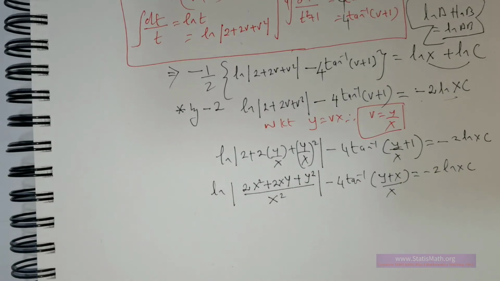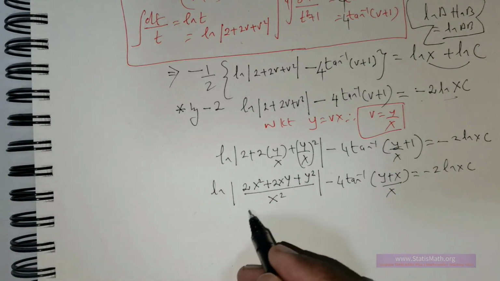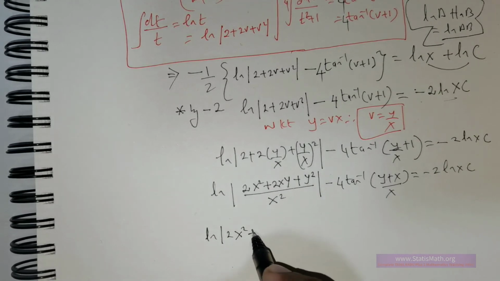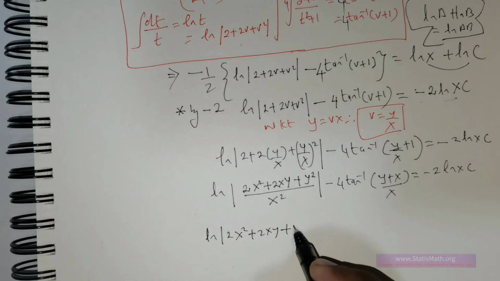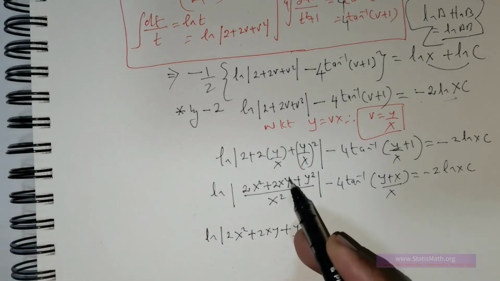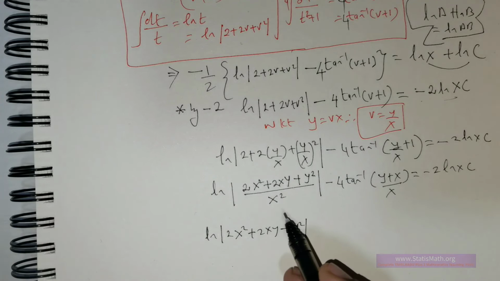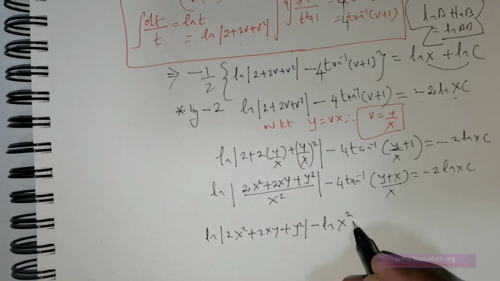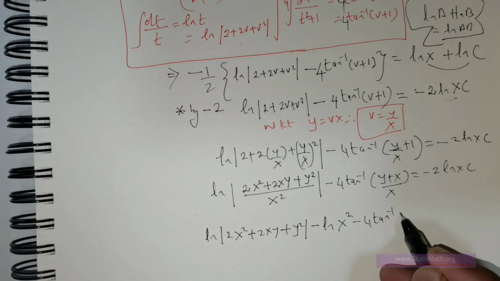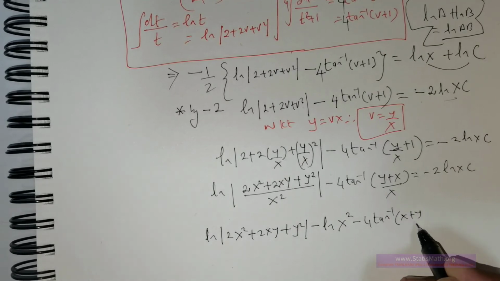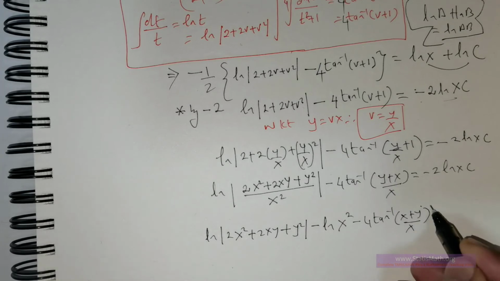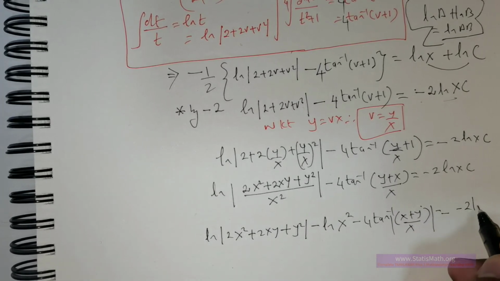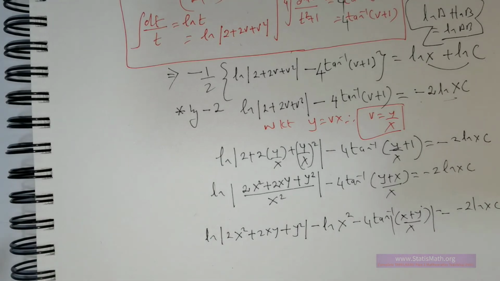Now I can further rewrite this as ln of 2x squared plus 2xy plus y squared divided by x squared, since this is ln of a over b, minus 4 times tan inverse of x plus y divided by x. Of course, if you want, you can place a modulus sign, followed by negative 2 times ln xc.